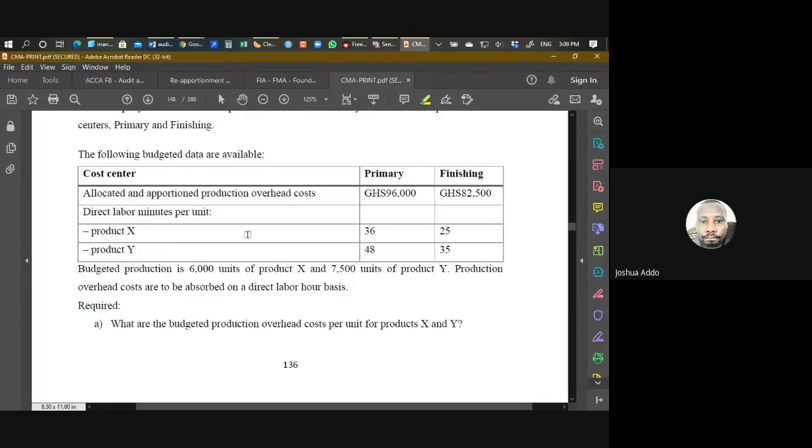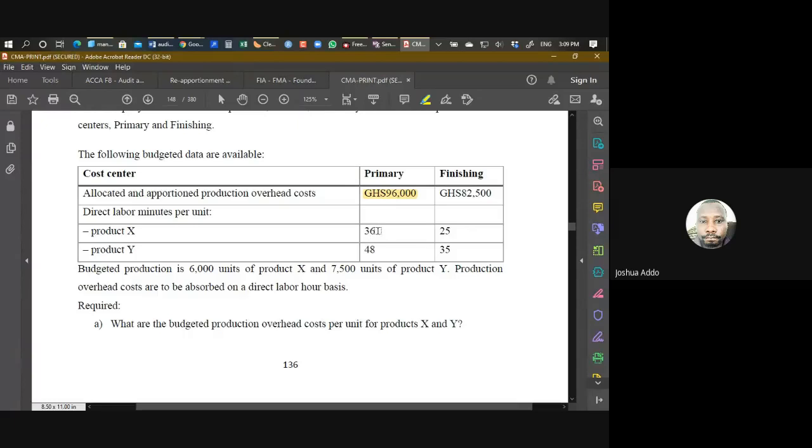So we need to calculate, even if you are doing a departmental, for primary department, the production overhead cost is this. What is the matching total labor hours? Labor hours was given in minutes.